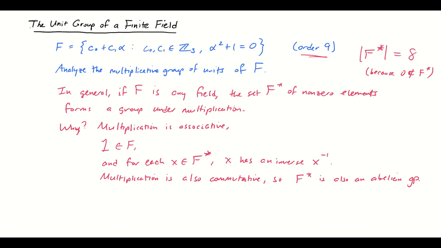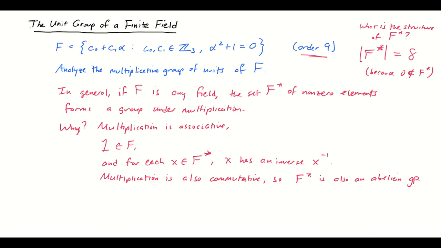So we're excluding that one element, but all other elements are in play. We have an abelian group of order 8. So the question is, what is the structure of F star? That is an interesting question.